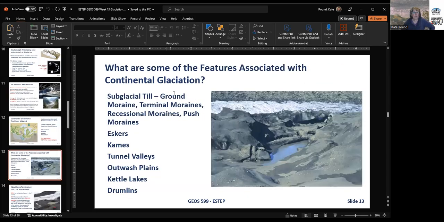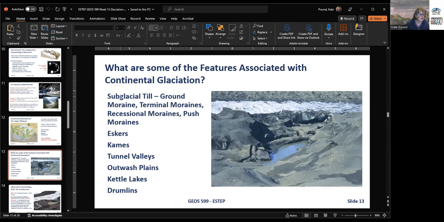Okay, so let's just step back a moment and think about what some of the features associated with continental glaciation are. We've got a whole list of features here, and there are many more. People who study glacial geology know that it gets very complicated.